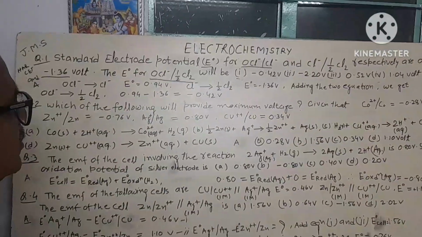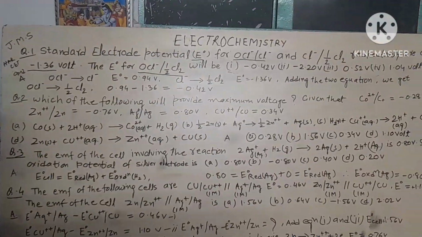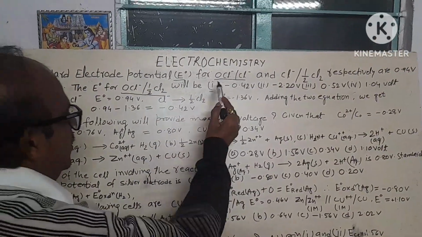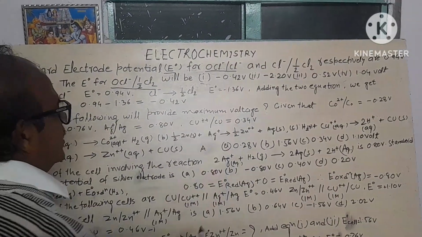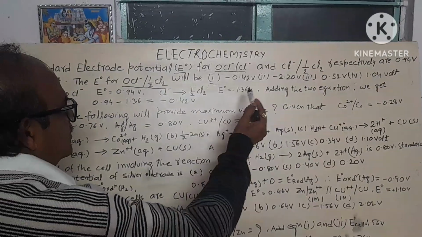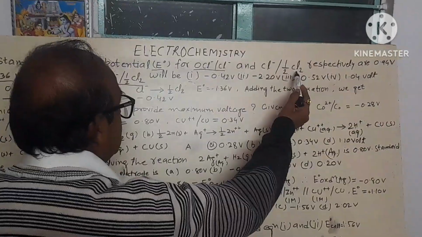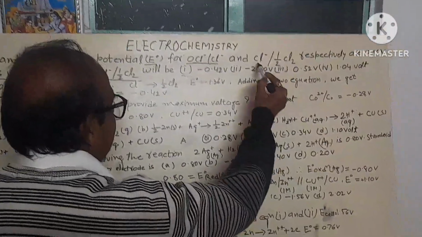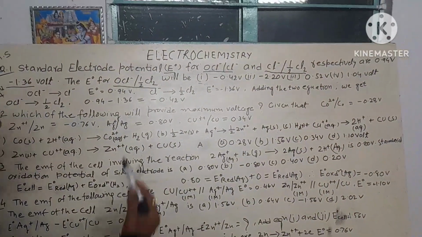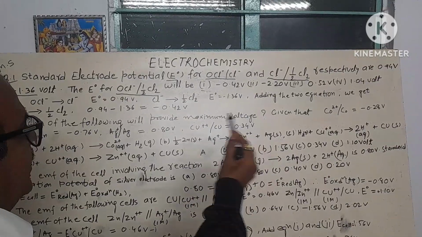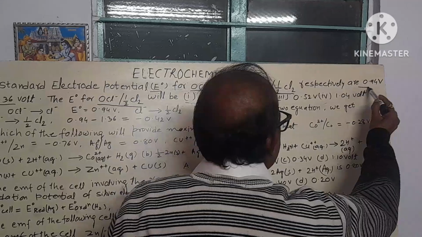How will you solve? Now I am explaining to you. Here you can see two electrodes are there. The first electrode is this oxychloride electrode. The second is this, chloride ion converting to chlorine gas. Electrodes are not common, they are uncommon, and their electrode potentials are given.